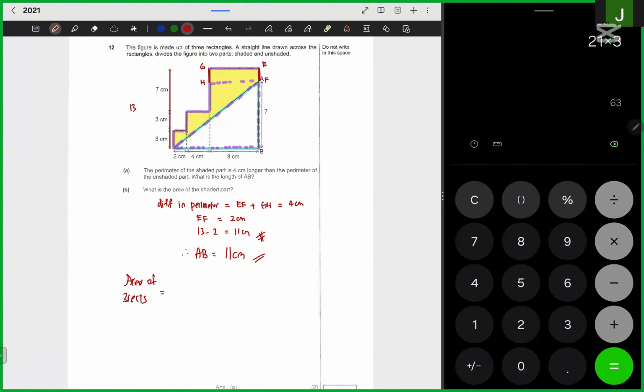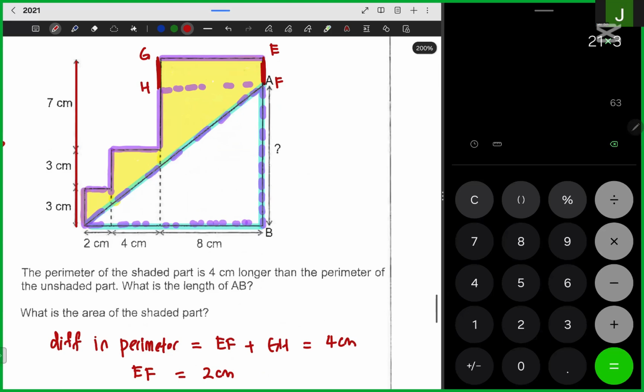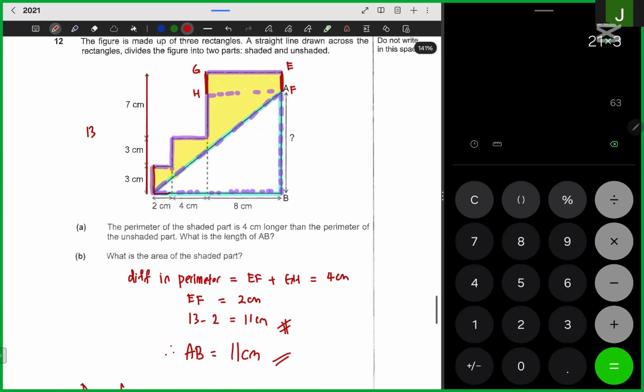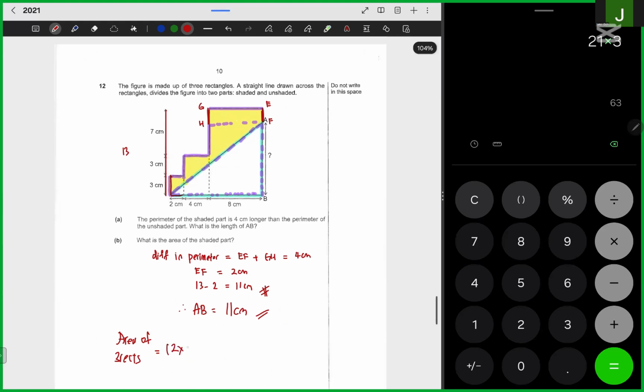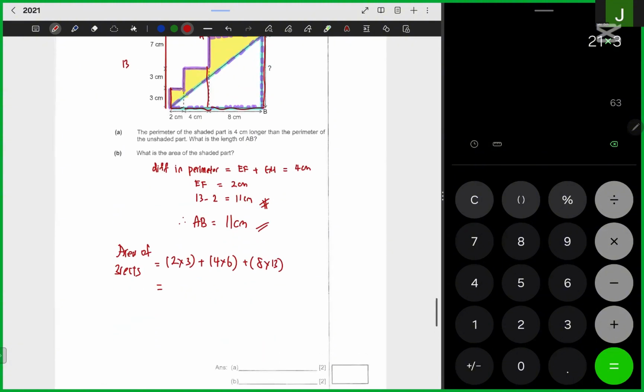The first one will be 2 times 3, plus 4 times 6, plus 8 times 13, which will give me 134.